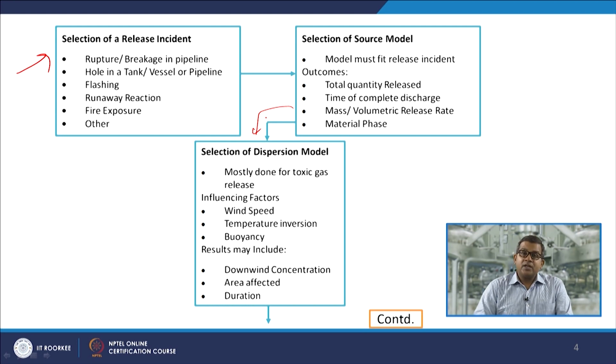What is the temperature inversion? That has to be looked into. Buoyancy effect, because sometimes the density difference may create problems. Now the results may include the downwind concentration. You may have a clue about the area affected and the duration.